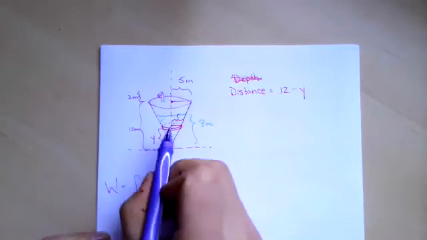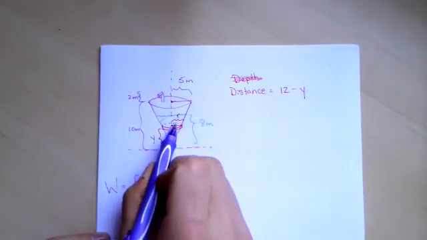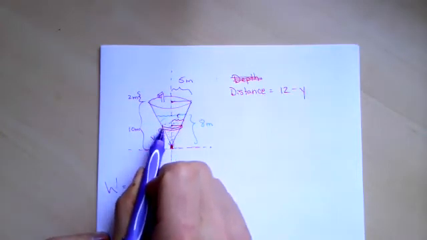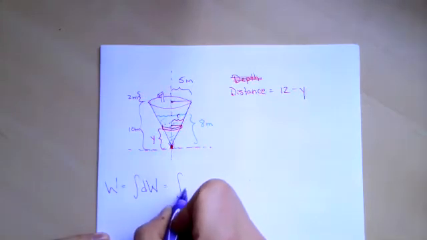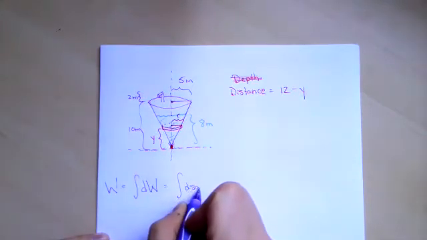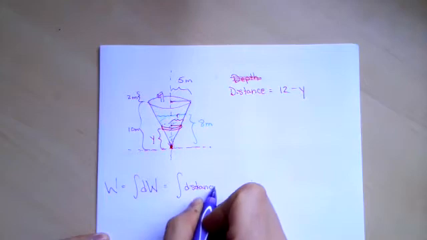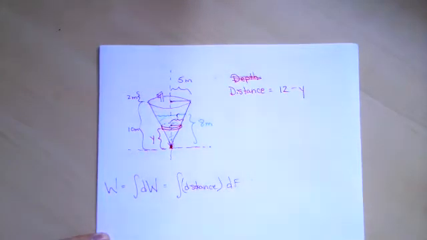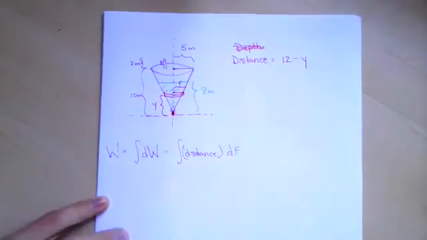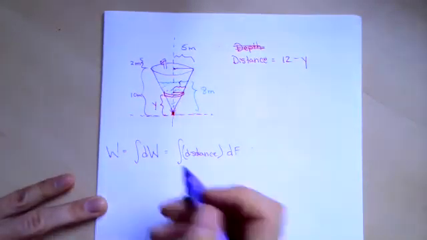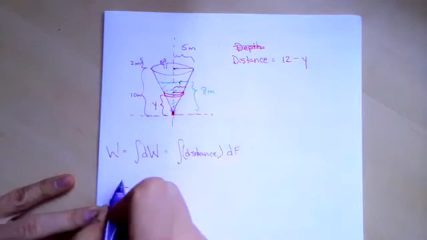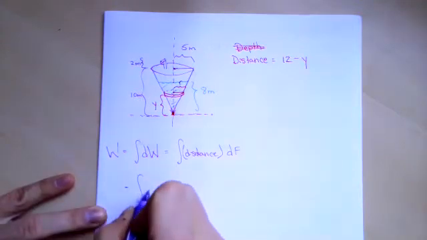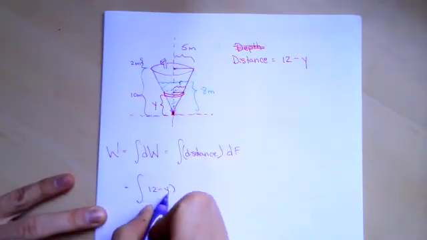So the infinitesimal piece is the small amount of force, or the weight of each piece. So we're going to have distance as our nice function times the infinitesimal amount of force. And we know our distance, which is 12 minus y.